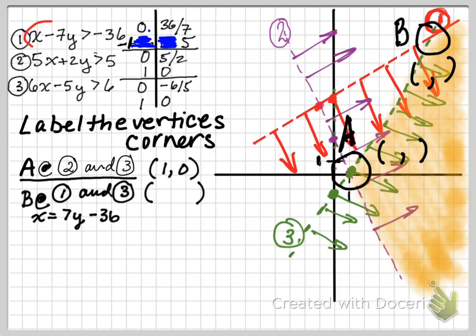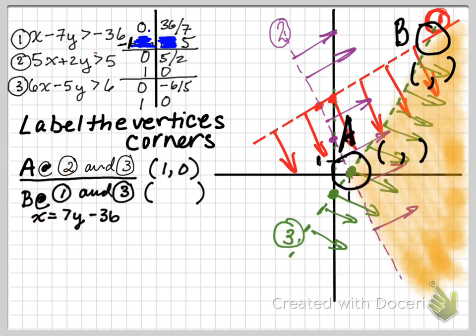Do you see I took that first inequality, called it an equality, and solved for x. And then I can substitute that for x in number 3 here. So I'm solving by substitution.